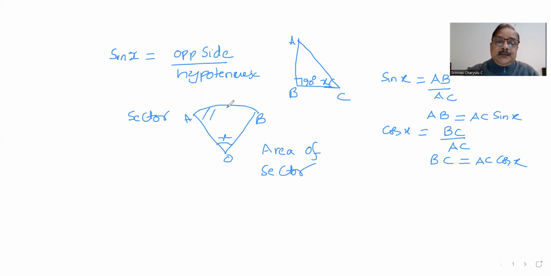The area of a sector whose radius is r and included angle is x is given by half into r square into x. Half r square x is the formula. So these two I will be using in the derivation. That's why I first introduced them here. Let us go to the derivation now.